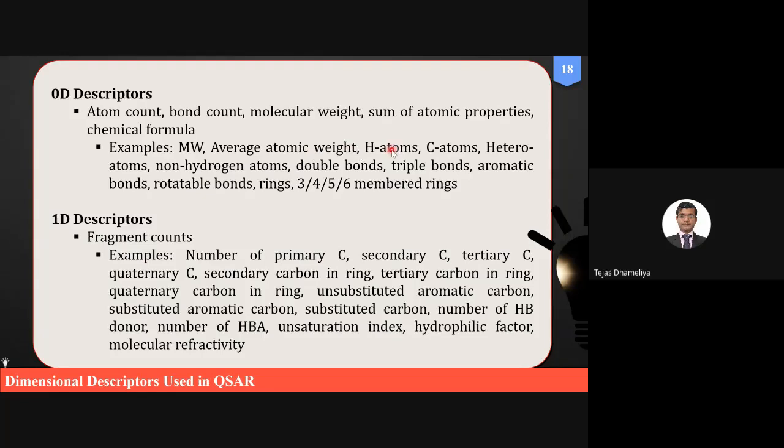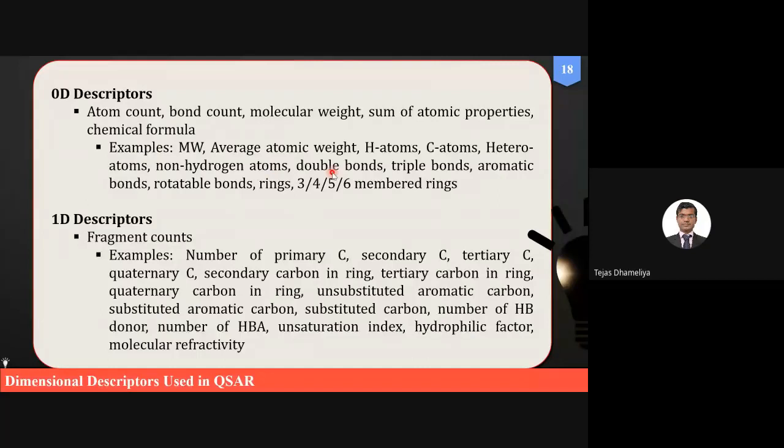Hydrogen atoms, carbon atoms, heteroatoms such as nitrogen, number of oxygen atoms such as in phenol. If I say the number of oxygen atoms in phenol, it is only 1. But if I say the number of non-hydrogen atoms in phenol, except the hydrogen atoms, I will have to consider 6 carbon atoms and 1 oxygen. So there are 7 non-hydrogen atoms.